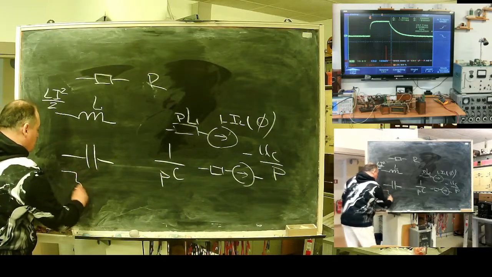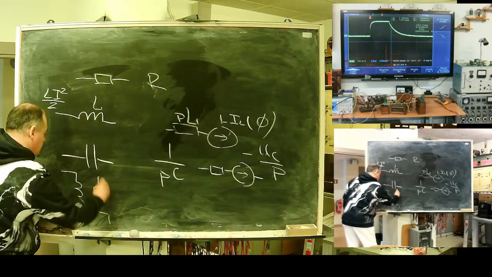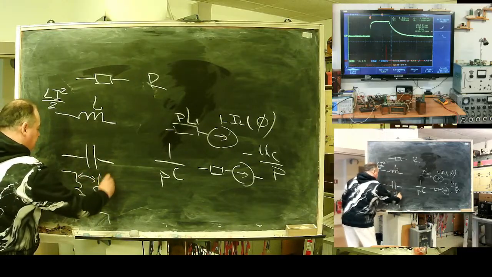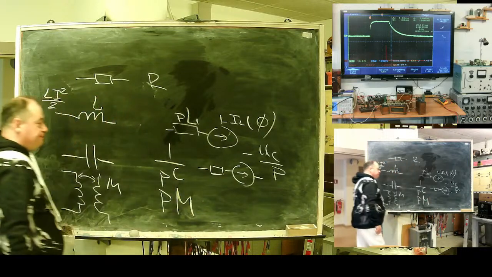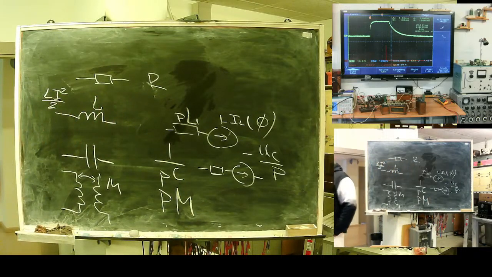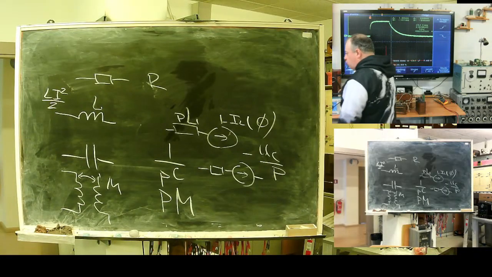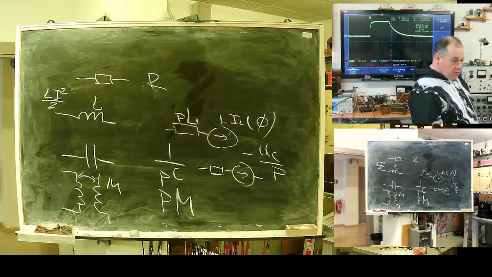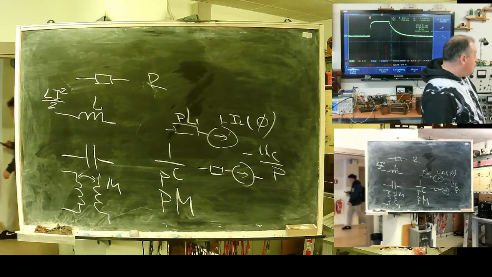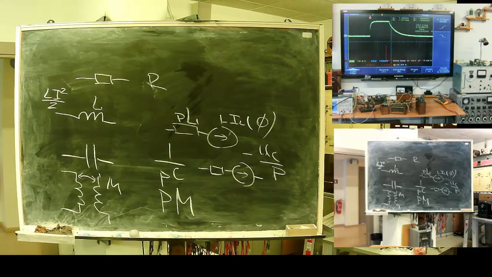For mutual inductance, you add pM. So in the space of Laplacian transform, your schematic will become a schematic of complex resistances.